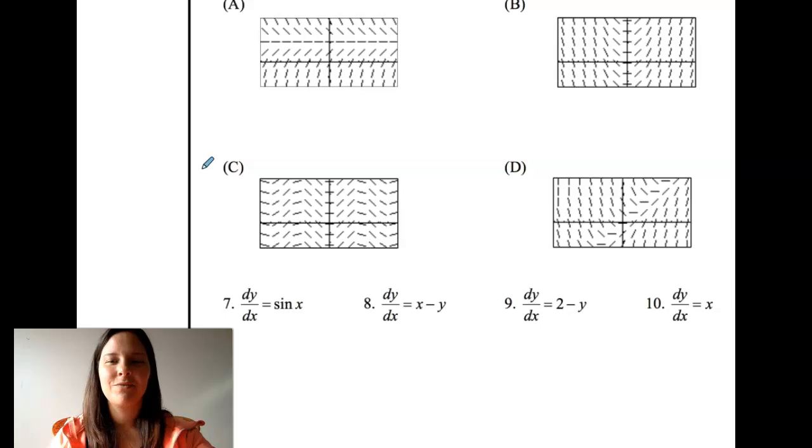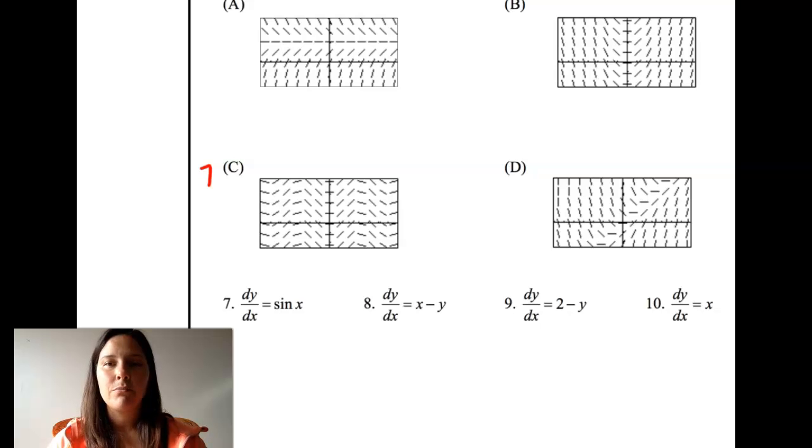But in this case, to save time, we are going to use our knowledge and just say that number 7 matches with letter C. The other ones will actually take a little bit more thought process, even though they look a little bit more basic, but it's hard to match those because they are so similar.